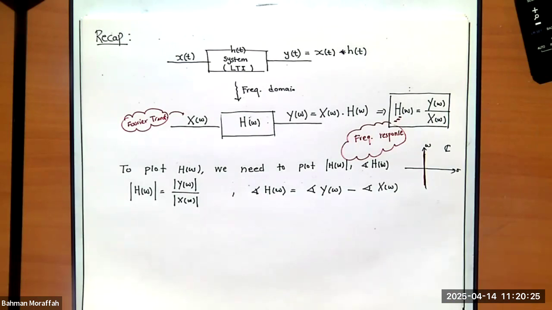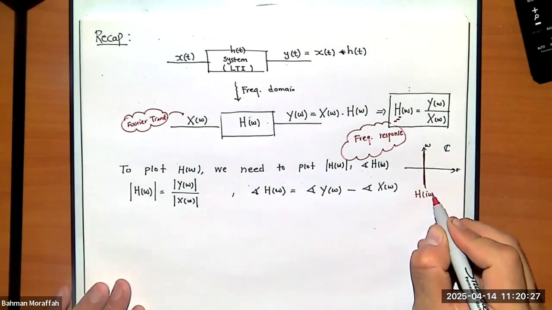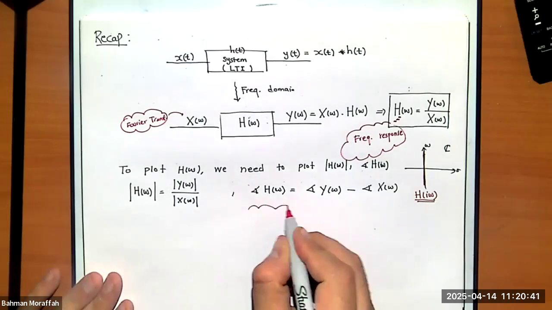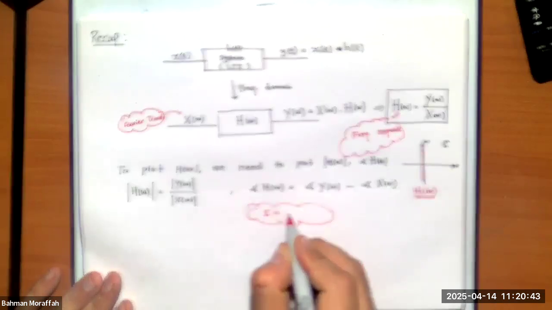So all these were a function of j omega. All these functions are evaluated on this imaginary axis. And if you recall, for simplicity, I said, let's define this to be omega.